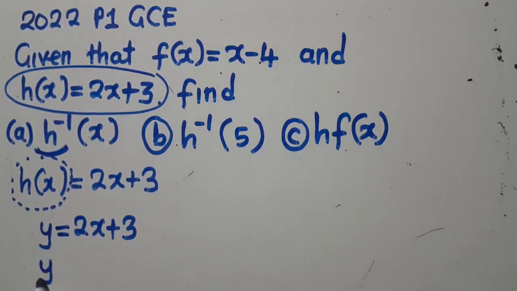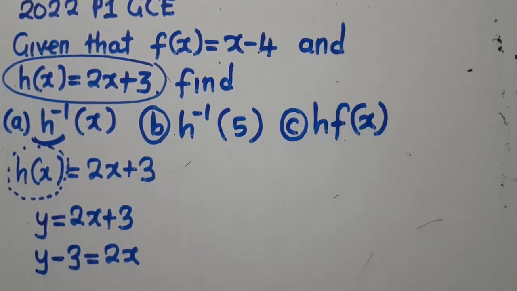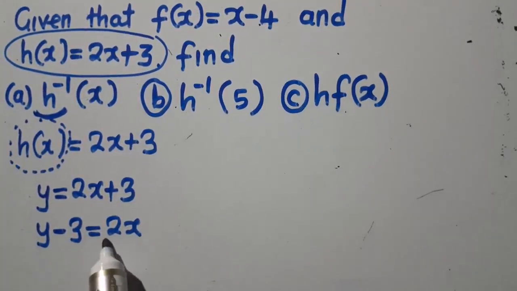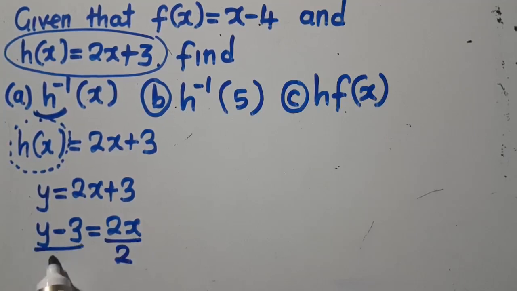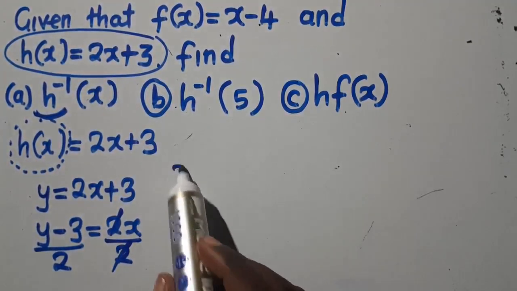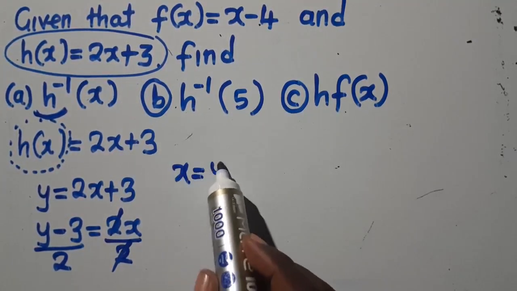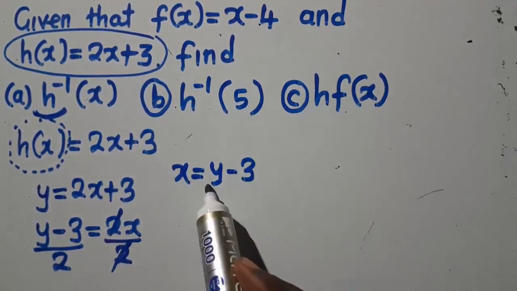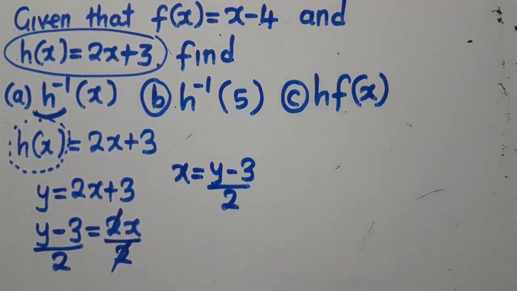So we have y, and this positive 3, when it crosses the equal sign, becomes minus 3, which is equal to 2x. For you to make x the subject, you divide both sides by 2. This 2 and that 2 cancel out. What you have is x is equal to y minus 3 over 2.